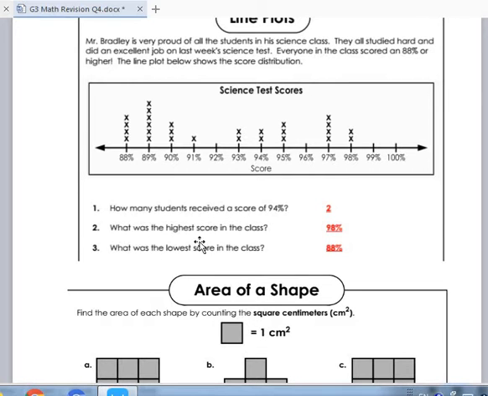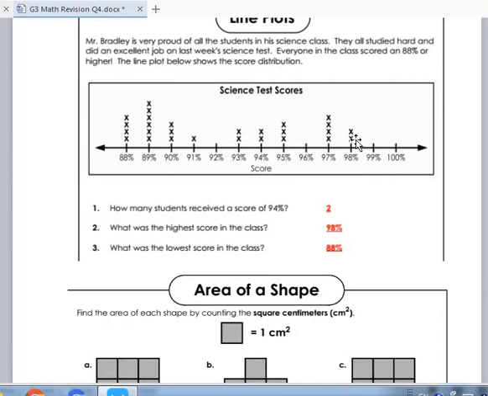What was the highest score in the class? The highest score, not the greatest number of students. I search for the highest score. Under the number line, 100% is the highest score, but I don't have any students that got 100%. We also don't have any students that got 99%.